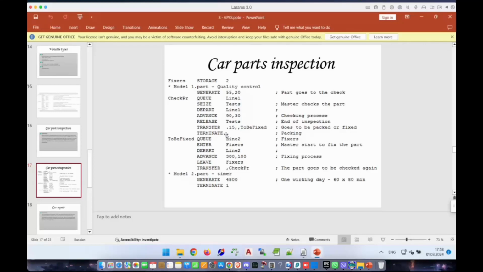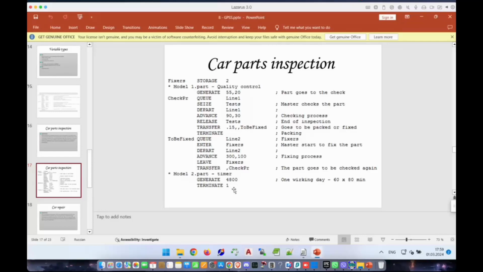Anyway, each of the spare parts will leave the system using the terminate command. In parallel to all this, we have a certain amount of minutes for the simulation. Where does this come from? It's 60 minutes by 80 hours, so literally 10 working days.